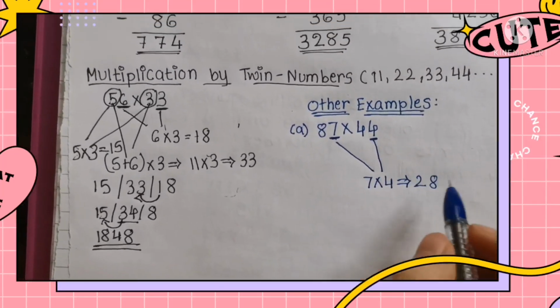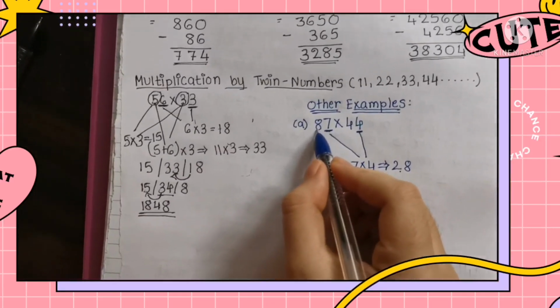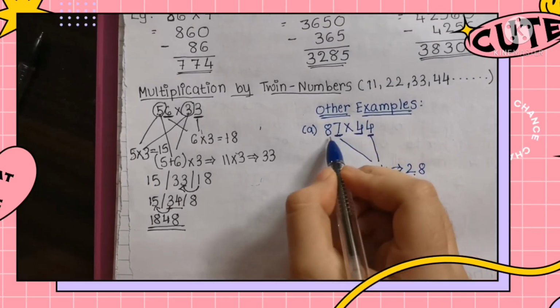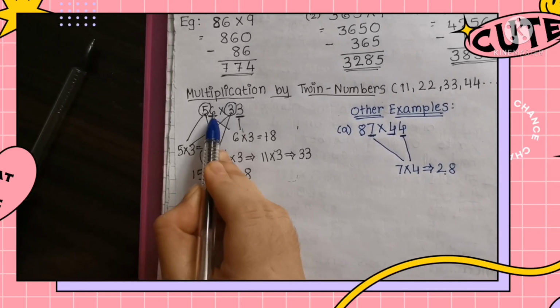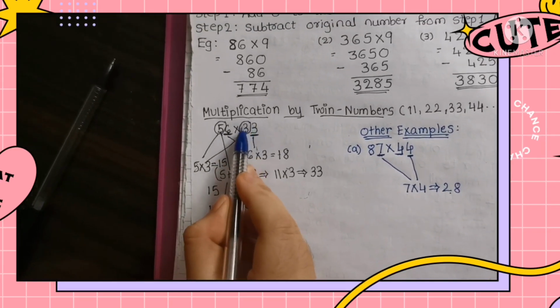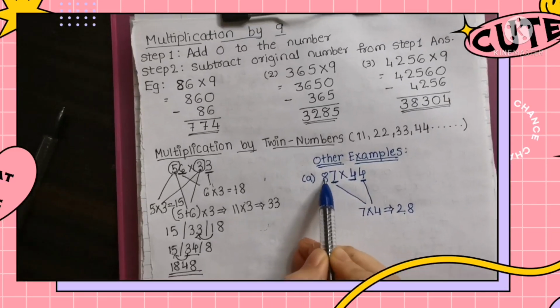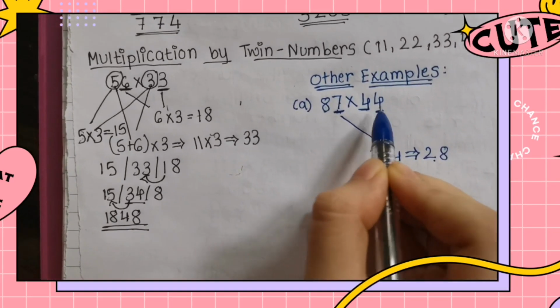We got our step 1 answer. We have to multiply the sum of 8 and 7 by 4. Here we had done the sum of 5 and 6 with 3. Why? Because we had it as 33. So now we are multiplying the sum of 8 and 7 with 4 because we have 44.